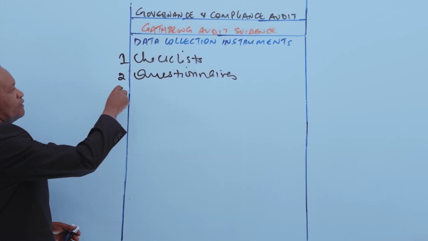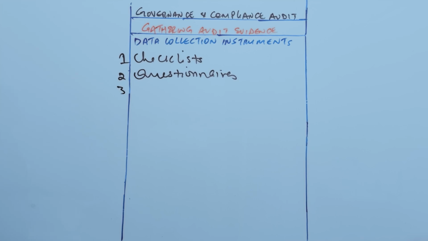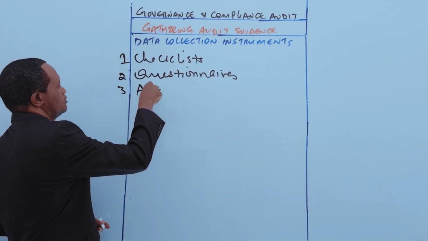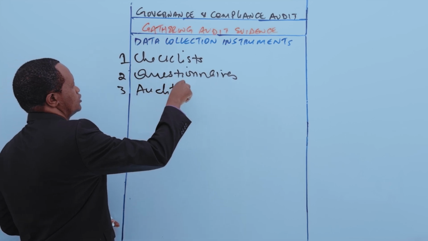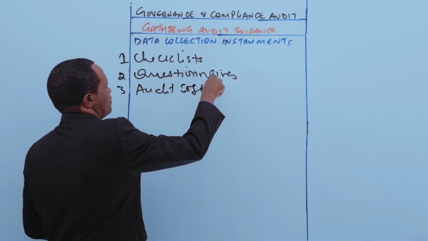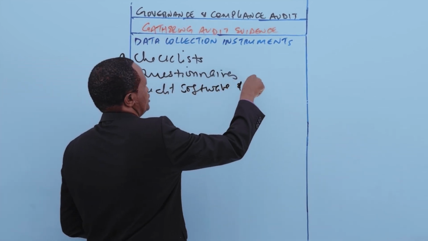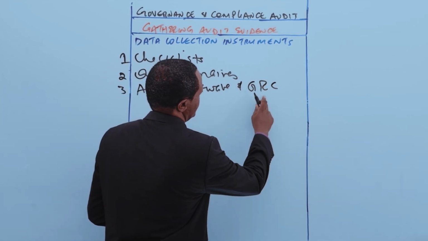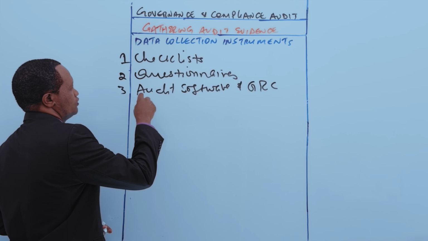Three, there is what we call the audit software. Audit software and the GRC, governance, risk, and compliance platforms.